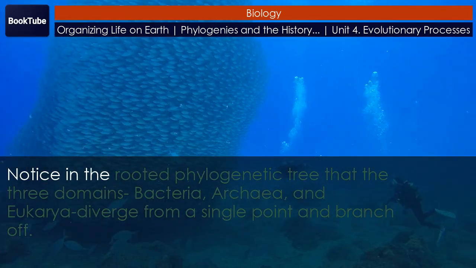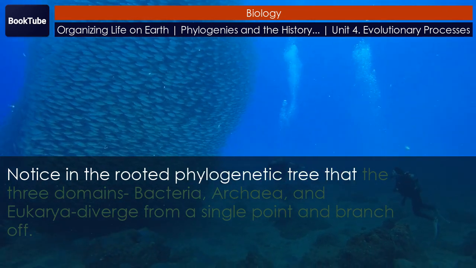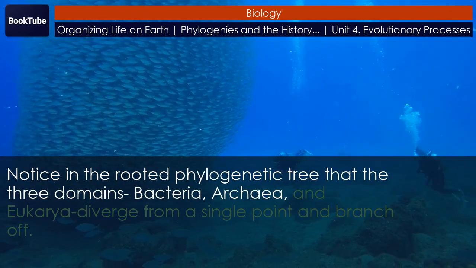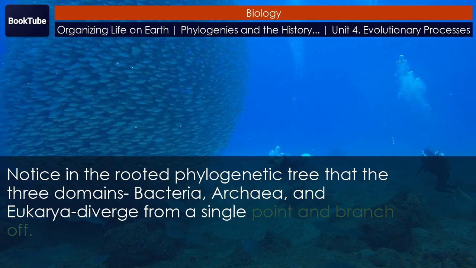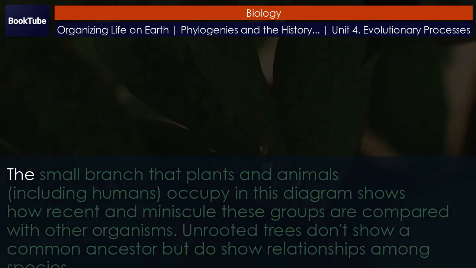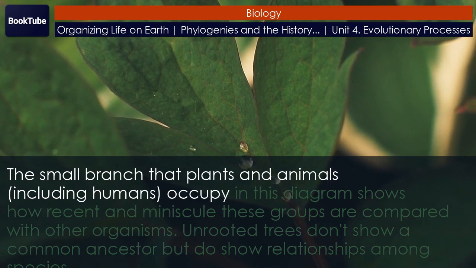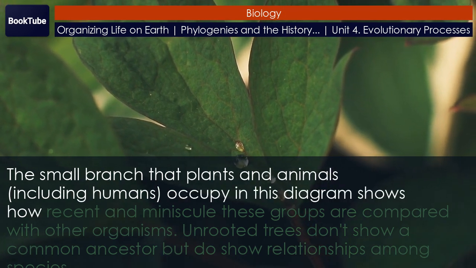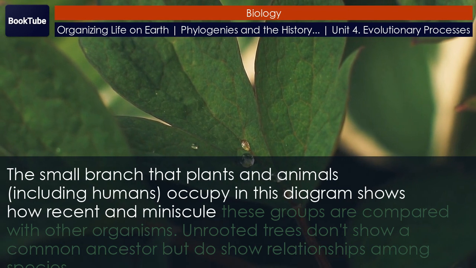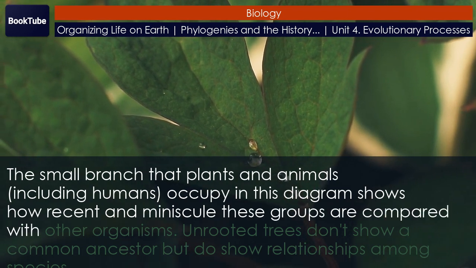Notice in the rooted phylogenetic tree that the three domains bacteria, archaea, and eukarya diverge from a single point and branch off. The small branch that plants and animals, including humans, occupy in this diagram shows how recent and minuscule these groups are compared with other organisms.